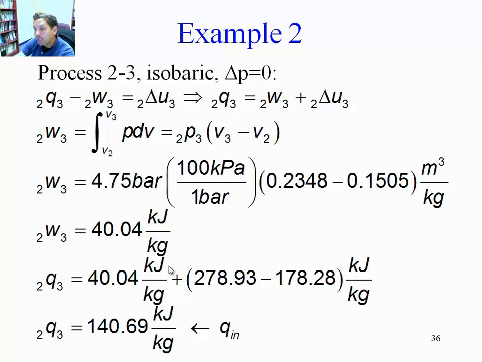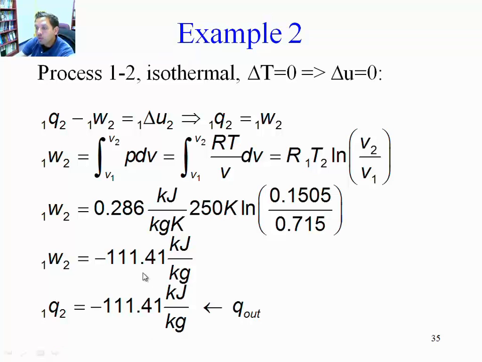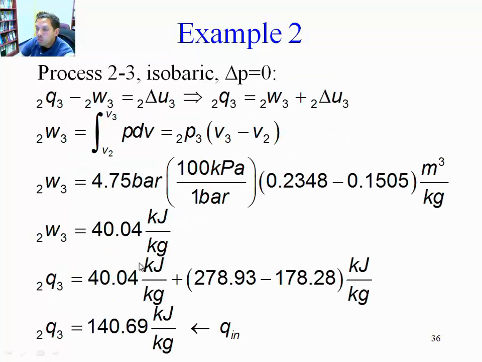But that's not all the positive work. We just found that the work on the previous process was minus 111. The work in this process is 40.04. According to the first law of thermo, Q is equal to W plus delta U. W is 40. Delta U from the table: U3 is equal to 278.83, U2 is 178.28.